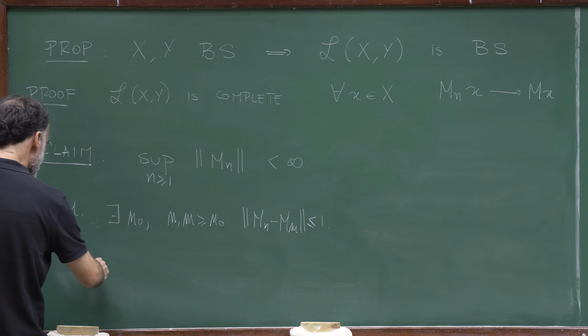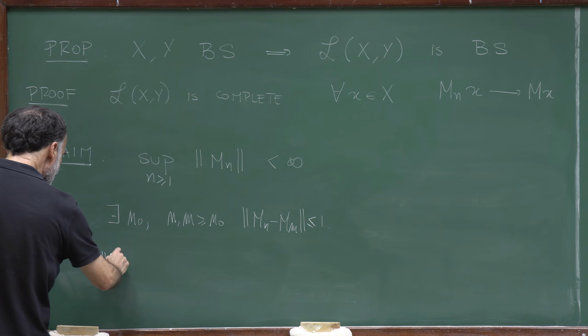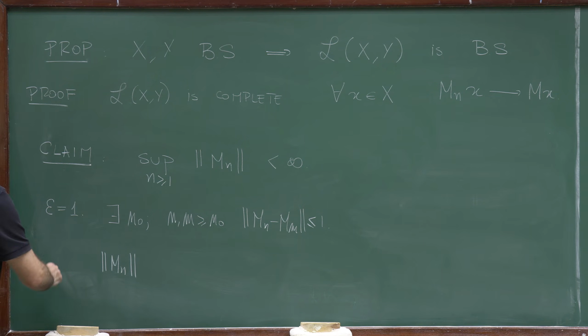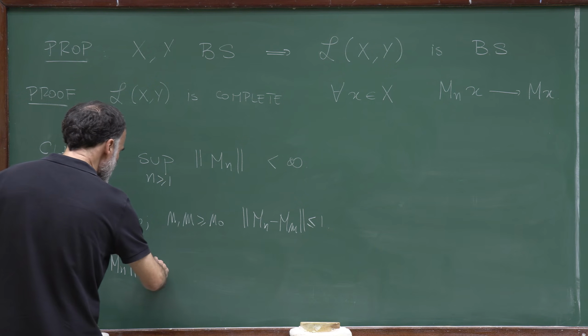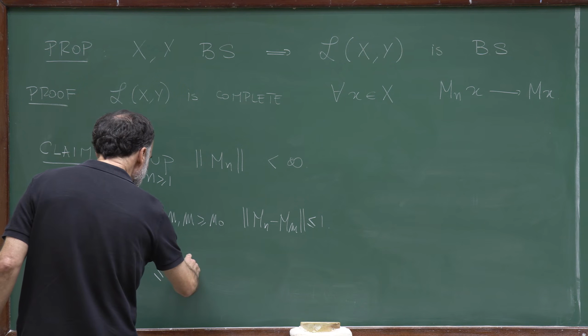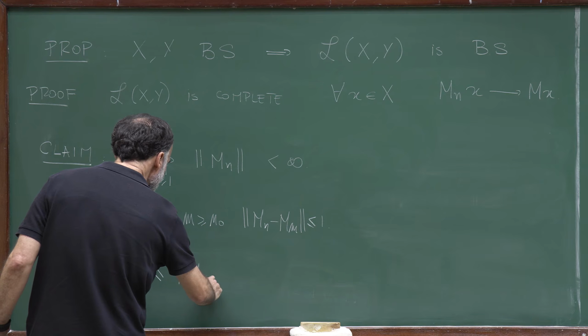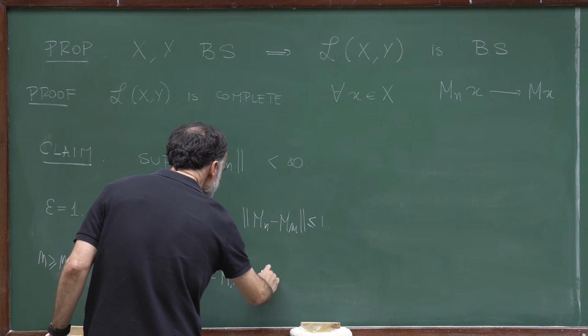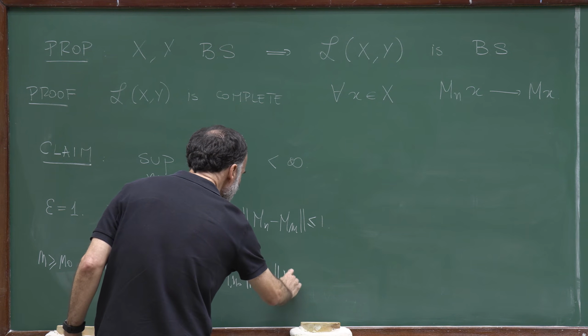So now consider Mn for n larger than n0. Then, by the triangle inequality, this is bounded by the norm of Mn minus Mn0 plus the norm of Mn0.